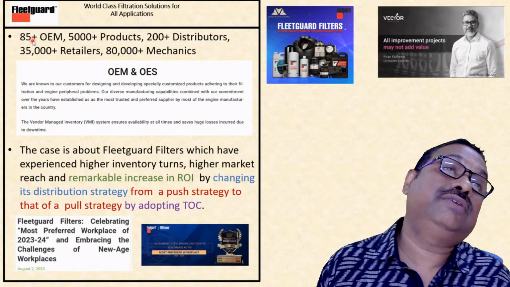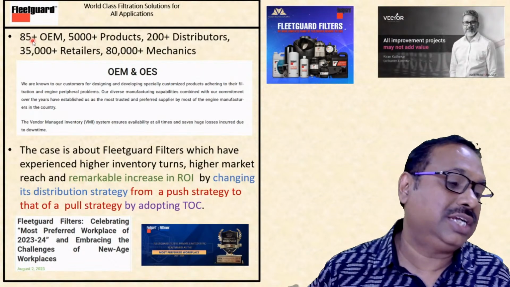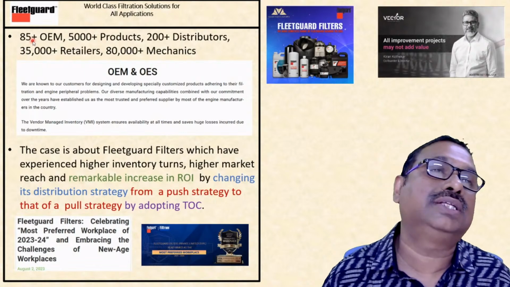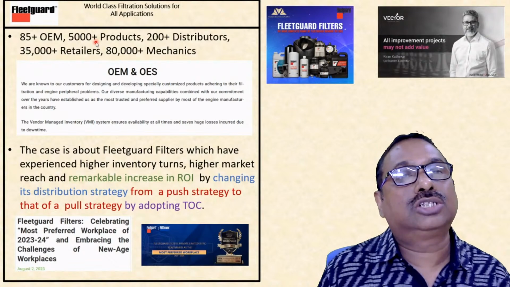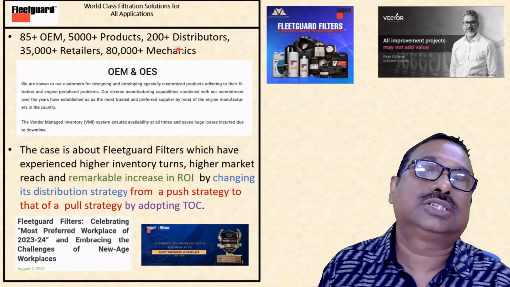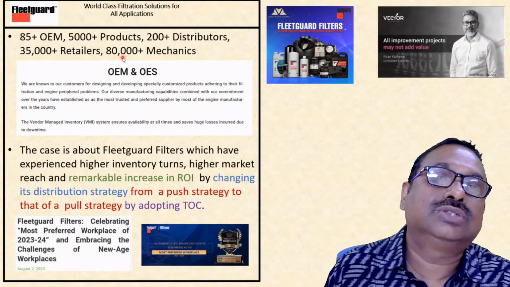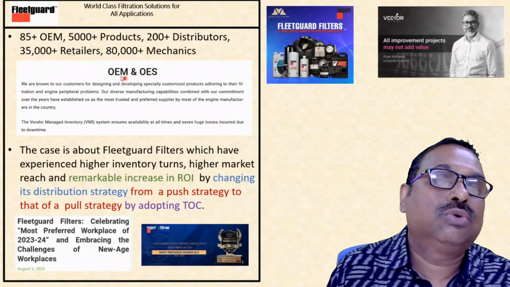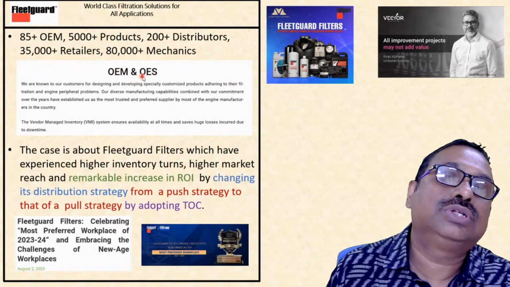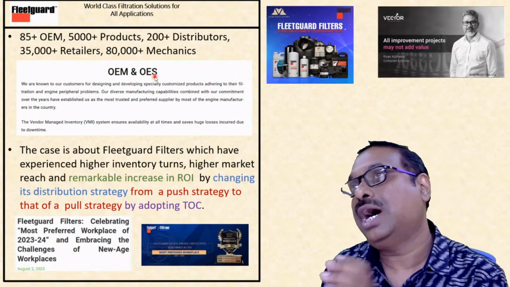It has 85 plus OEMs, original equipment manufacturers, which means almost all companies take filters from it. It has 5,000 plus products, 200 plus distributors, 35,000 retailers, and 80,000 mechanics. It serves both OEM and OES, original equipment suppliers, meaning they supply for after-sales.